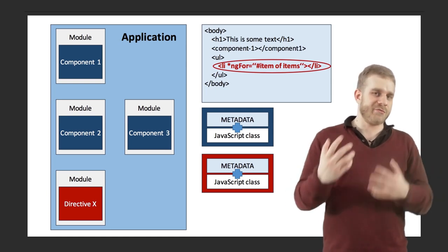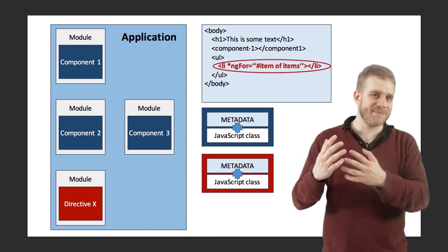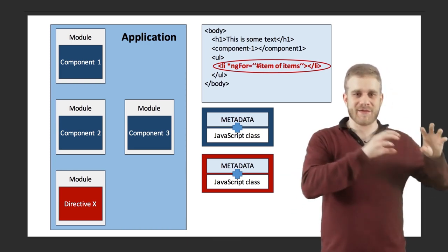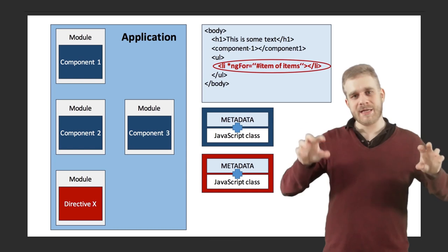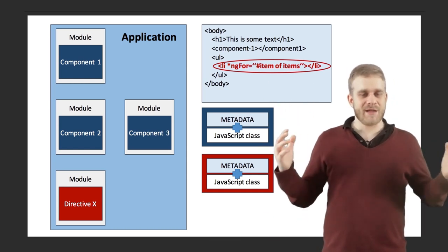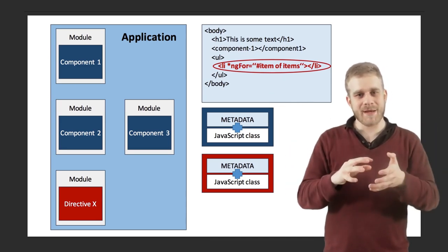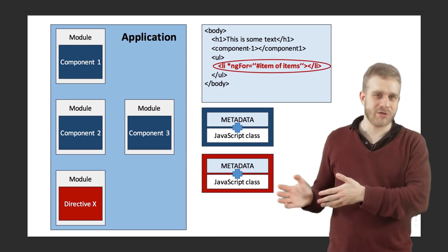And now the configuration for this component, directive, whatever, is inside this metadata we attach. So we have JavaScript classes plus metadata equals component, directive, whatever. And then we take these components, directives, whatever, and build up our apps from it, because they are, again, modular.